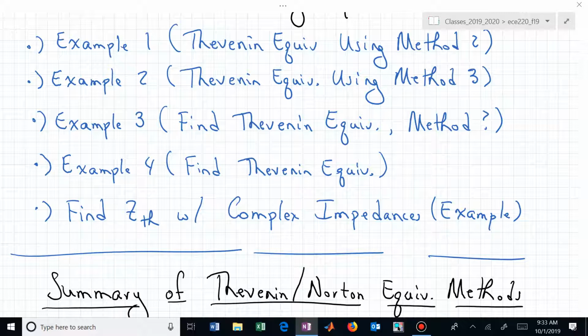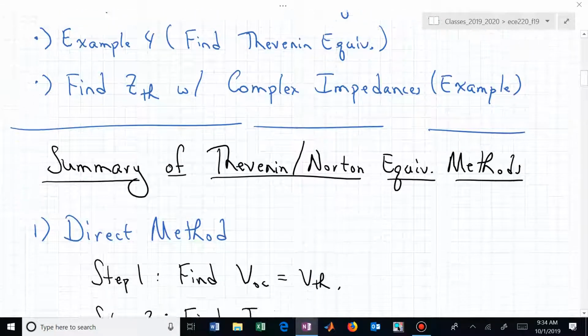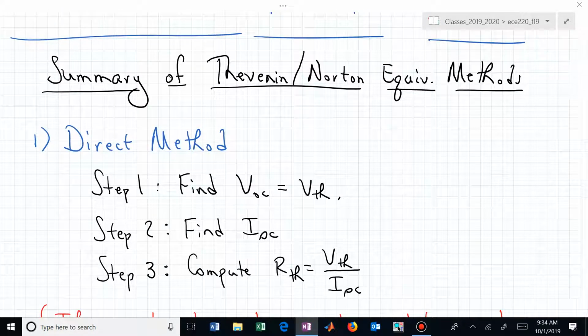How do we play with those? How do we combine those to obtain, let's say, a Z Thevenin, a Thevenin impedance, which is a generalization of what we've been doing, which is this R Thevenin, or a Thevenin resistance.